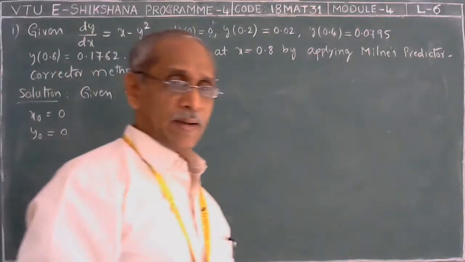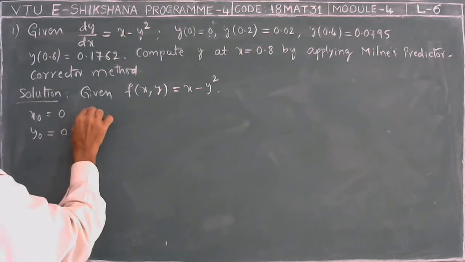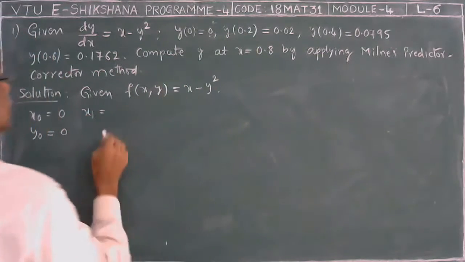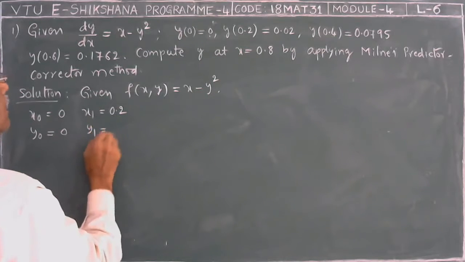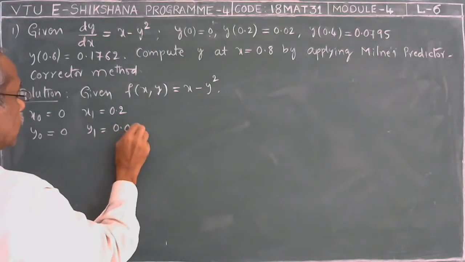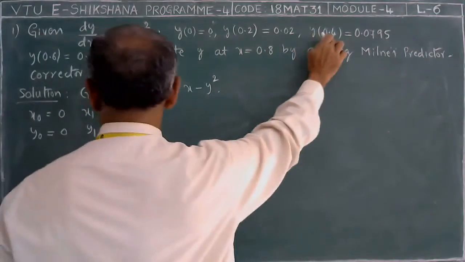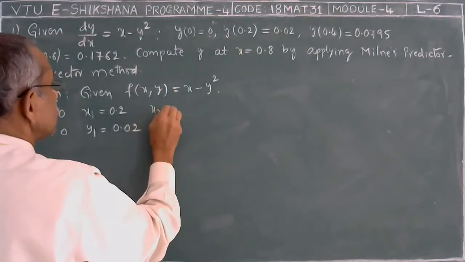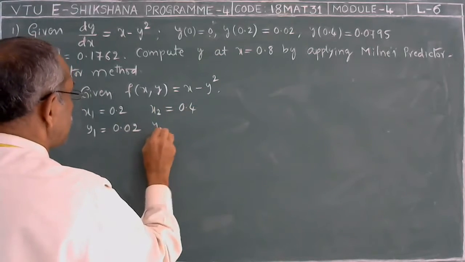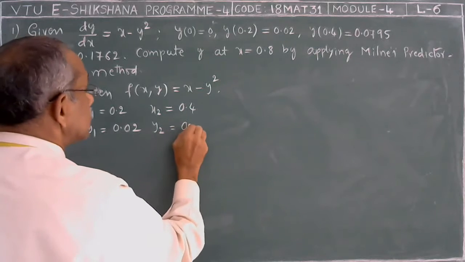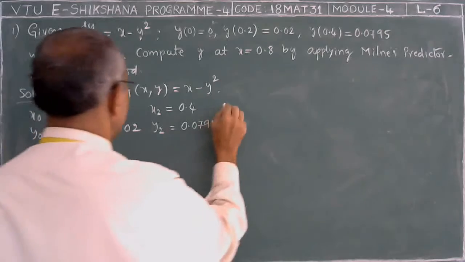The next value x1 is 0.2, and the corresponding value of y1 is given to be 0.02. Next, x2 is 0.4, and the corresponding value of y2 is 0.0795.